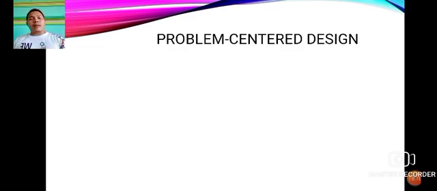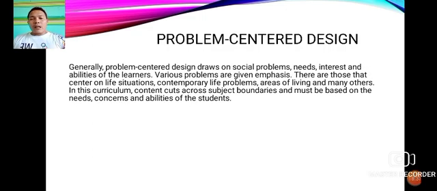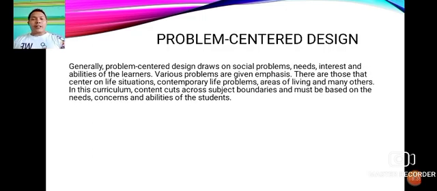Generally, the problem-centered design draws on social problems, needs, interests, and abilities of the learners. Various problems are given, emphasizing those centered on life situations, the contemporary problem areas of living, and many others.